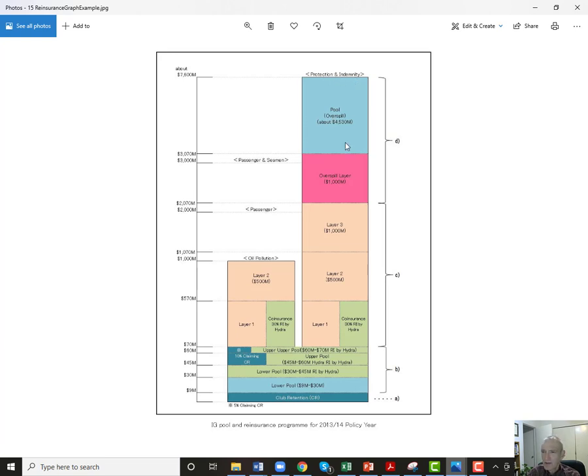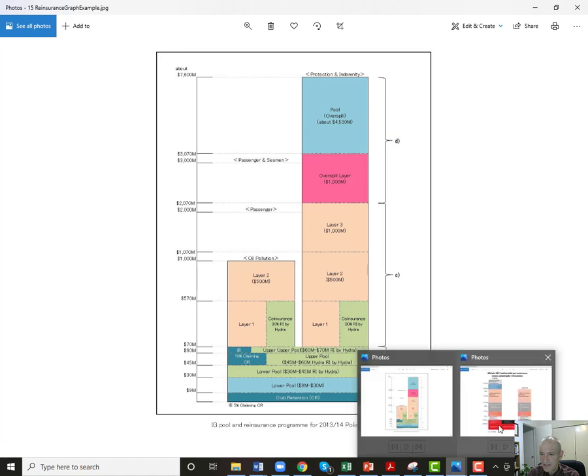And then for protection and indemnity, you can see they have several layers. Each one of these will have different coverages. So it's hard to say exactly what this is, because I can't tell you exactly what's in each one of these layers and what they're covering. And they don't give us a color scheme to tell you what this is. So it's hard to get detailed information off the internet.